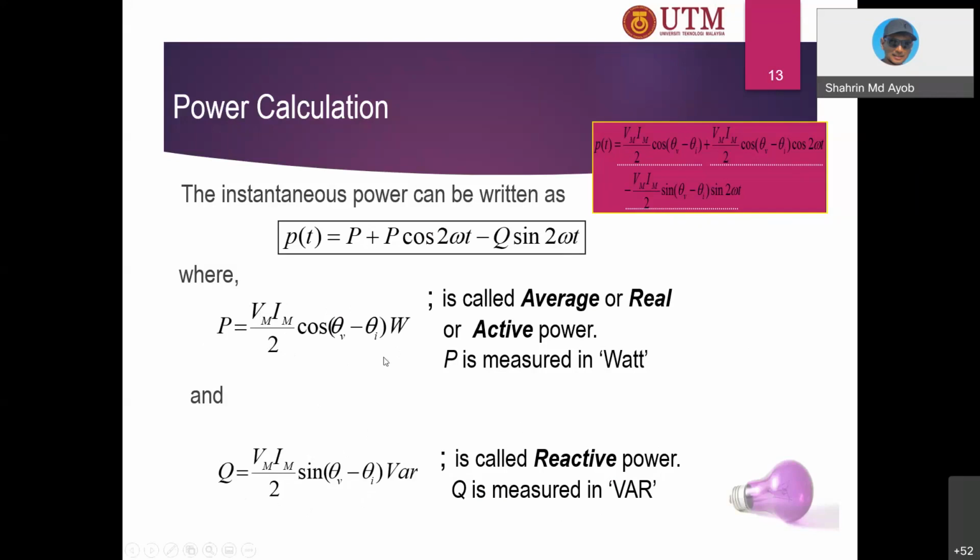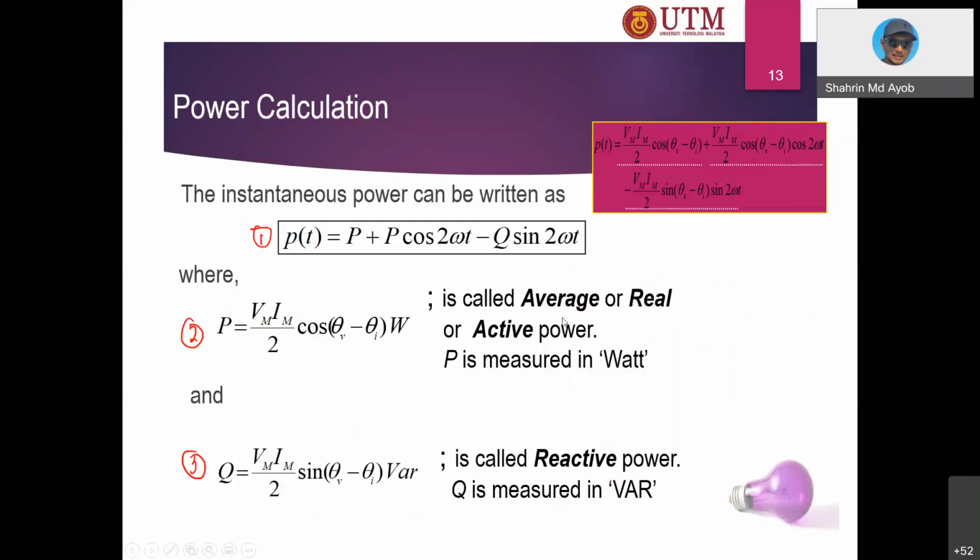This is the most important part, I think, for today's lecture: the instantaneous power, the active power and the reactive power.